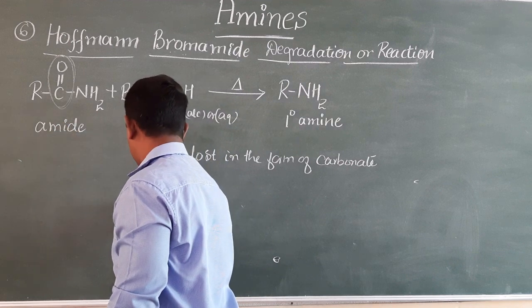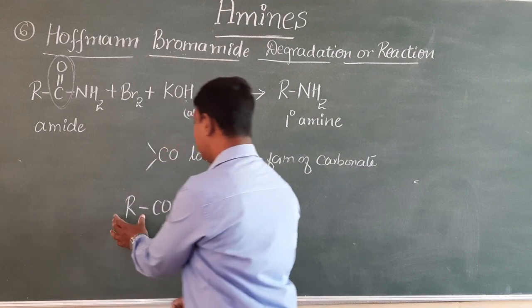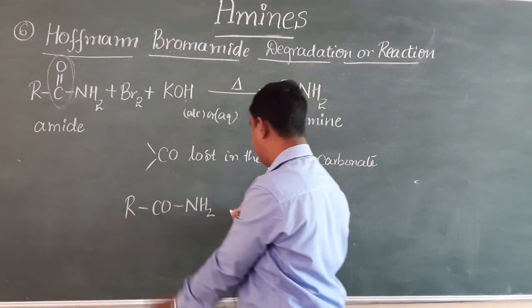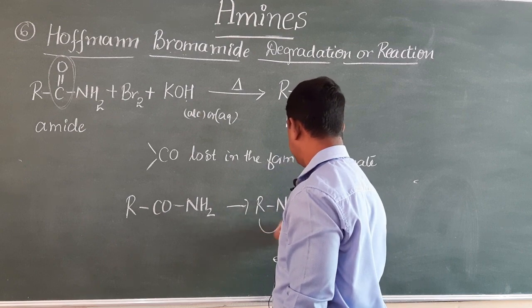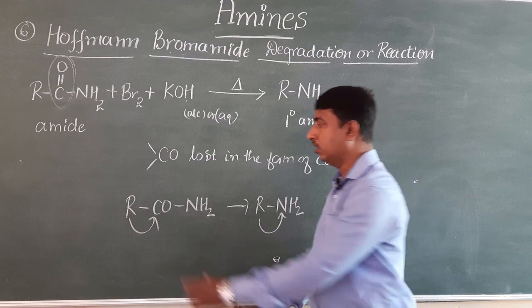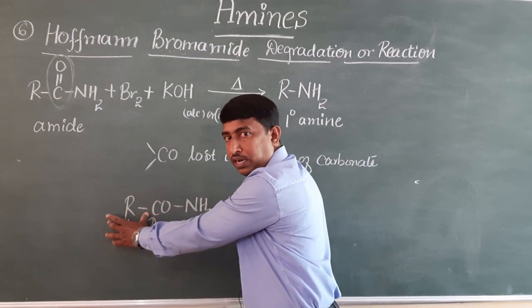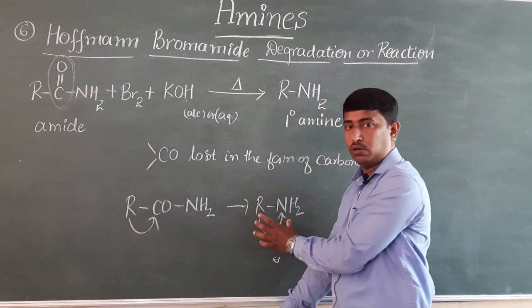Initially in CONH2, the alkyl group was along with carbon. Now it is along with nitrogen. So during the reaction, migration of alkyl group takes place from carbonyl carbon to nitrogen.